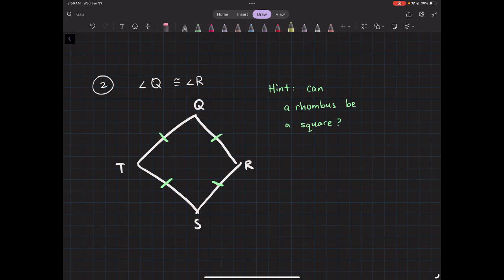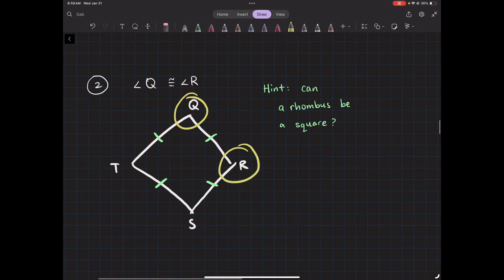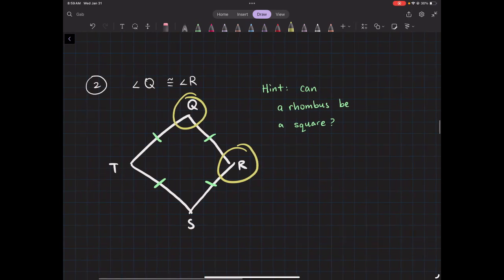Okay, so right here, if you take a look at angle Q, because they're telling us to look at angle Q and R, is it always or sometimes going to be congruent? Okay, you don't have the option to say no, because technically your rhombus can still be a square.